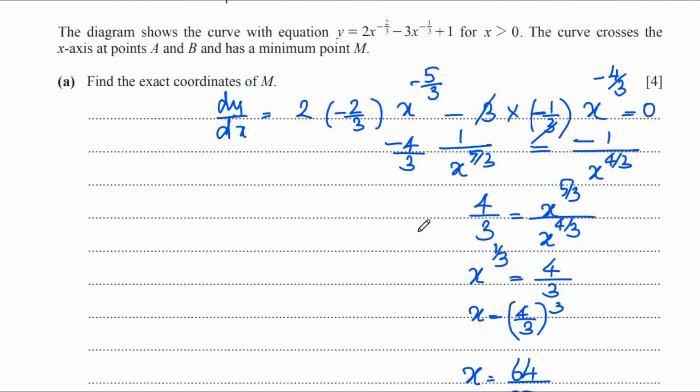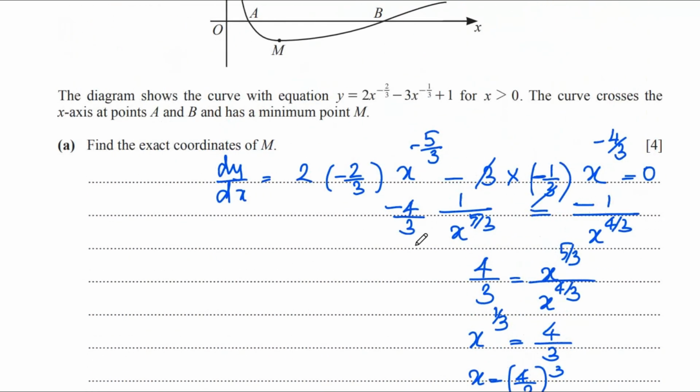So this is the x coordinate value for the point M, and we need to find the y coordinate value by substituting the x value in this equation.